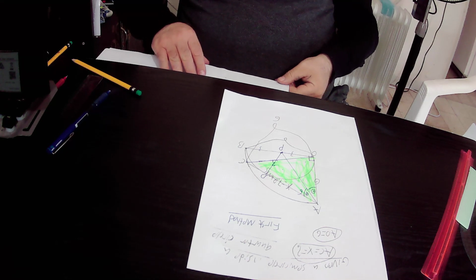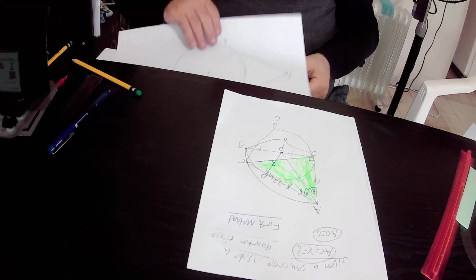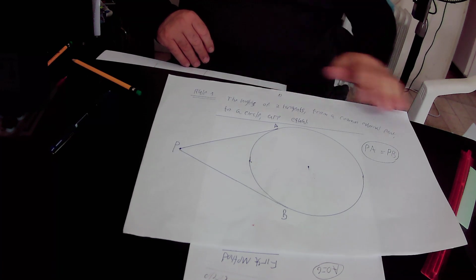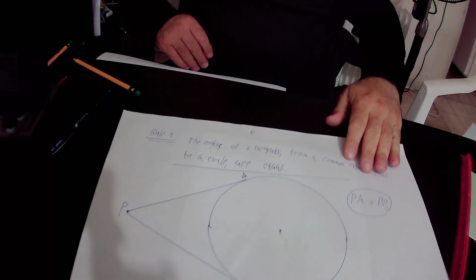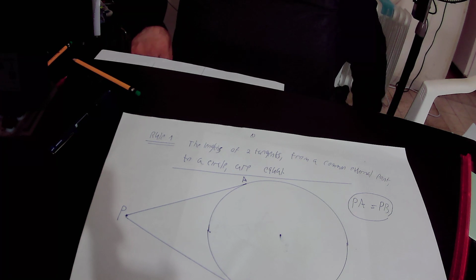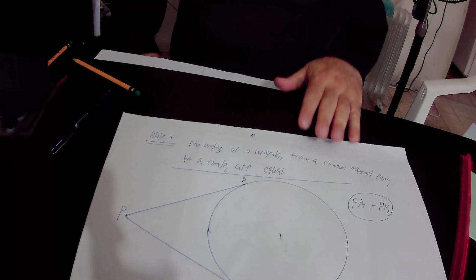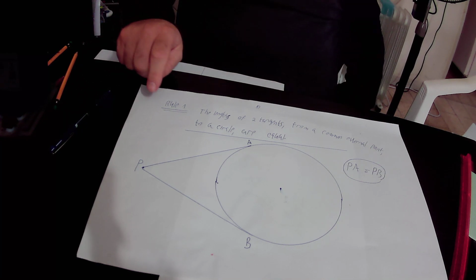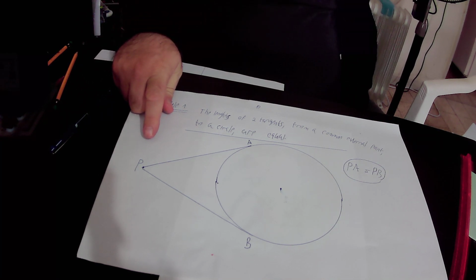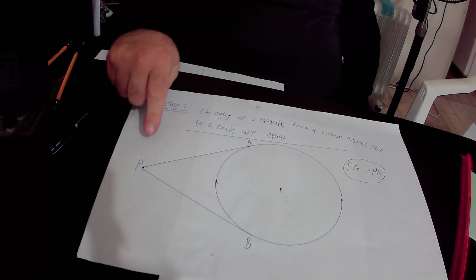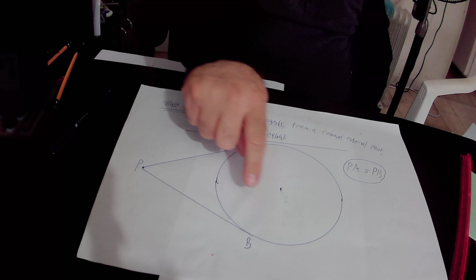Then I presented to you rule number 1. According to rule number 1, the lengths of two tangents from a common external point to a circle are equal. So here we have the external point P. From point P we draw two tangents to this circle, tangent PA and tangent PB.